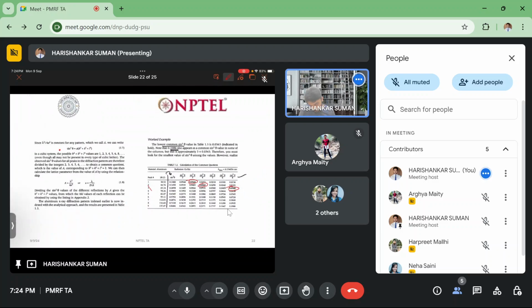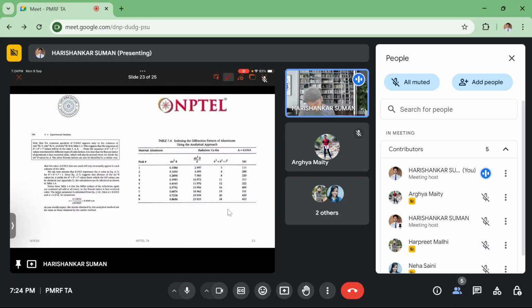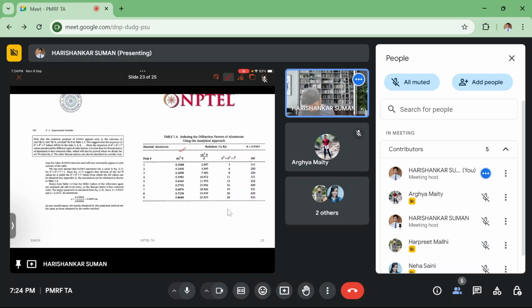After this, we have sin square already, and from this least common value, a will be 0.0363.